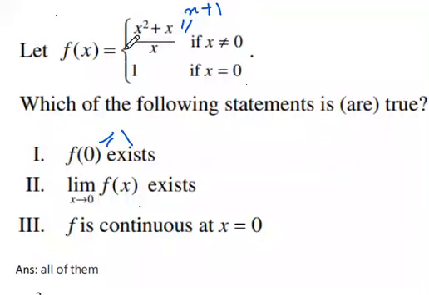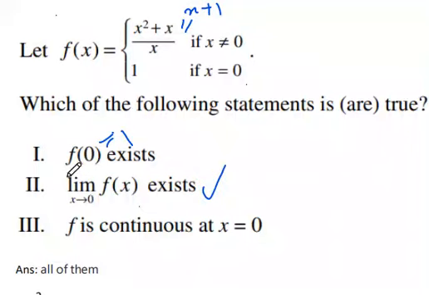So as x approaches 0, this function approaches 1. From both sides, when you approach 0, you can see that the functional value approaches 1. So this limit exists. That is true.